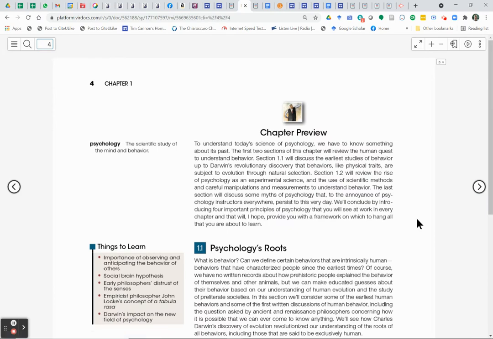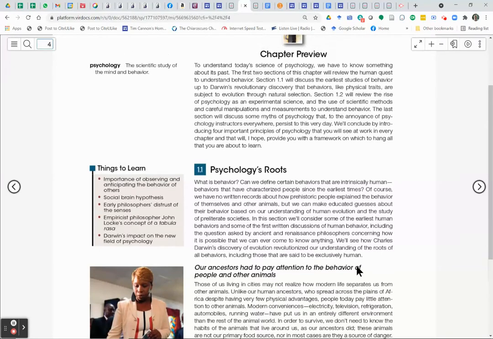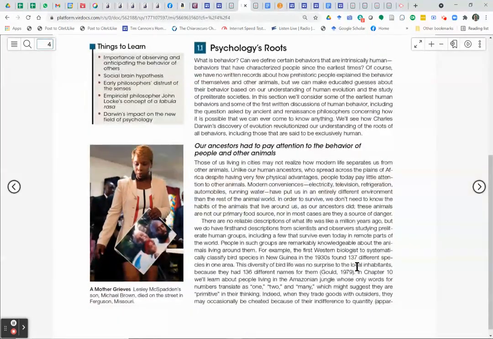And where does psychology come from? All books do this. What I like is that Mark has an appreciation for evolution, and he doesn't start with Greek philosophers.